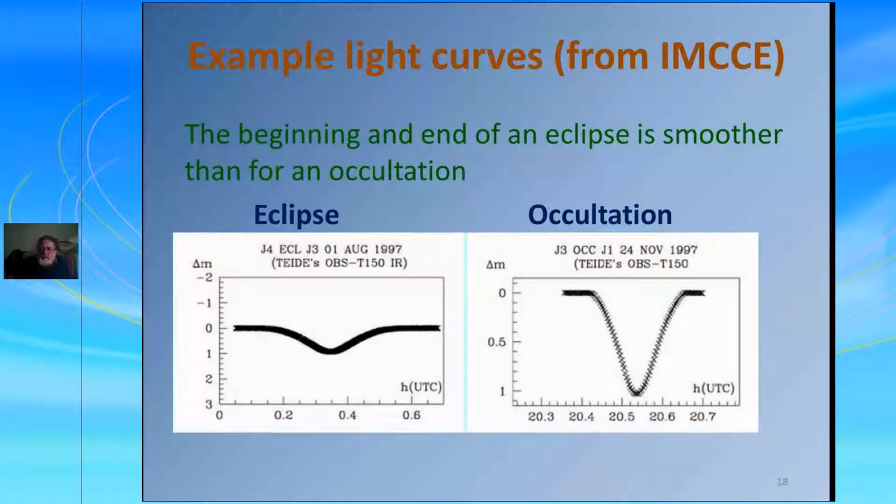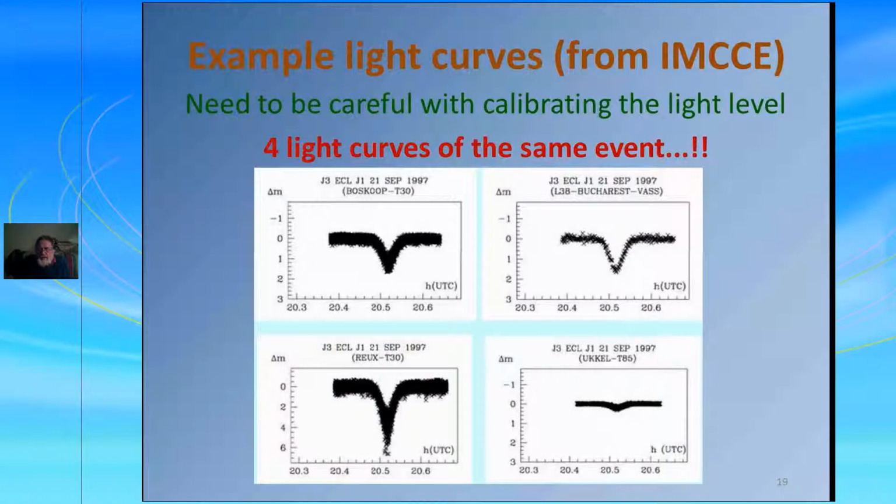This is probably more of an issue if you're doing it with a standard CCD camera, but it illustrates the problems of measuring these types of events next to a very bright object where you don't have suitable reference stars nearby. Here are 4 light curves of the same event. The vertical scale is the same in all of them. And look at the difference in the magnitude drop reported by these 4 different observers.